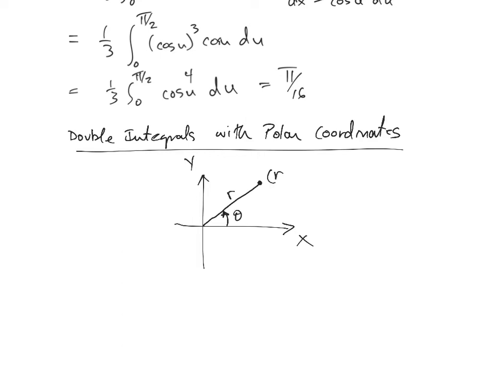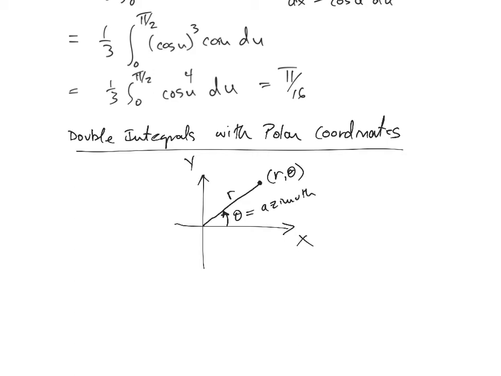So we're going to use r and theta as the polar coordinates for that point in the xy plane. And r is called the radius, and the origin is called the pole, and all these terms. This angle theta is sometimes called the azimuth.